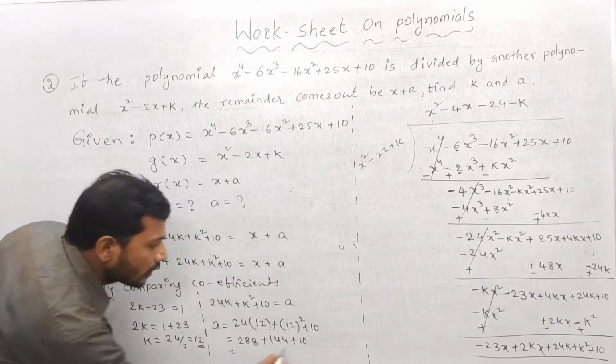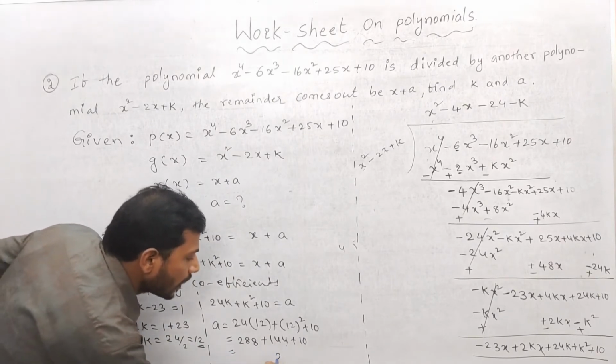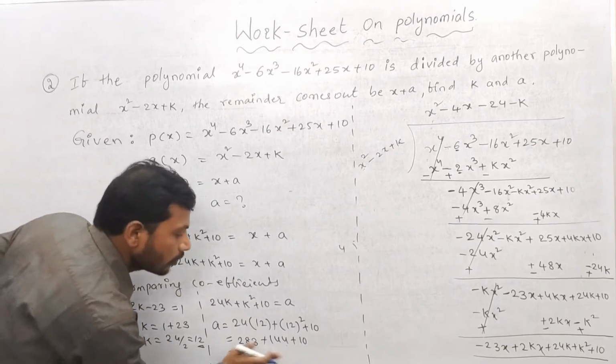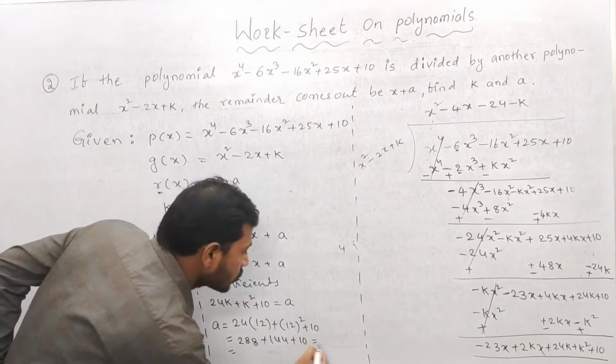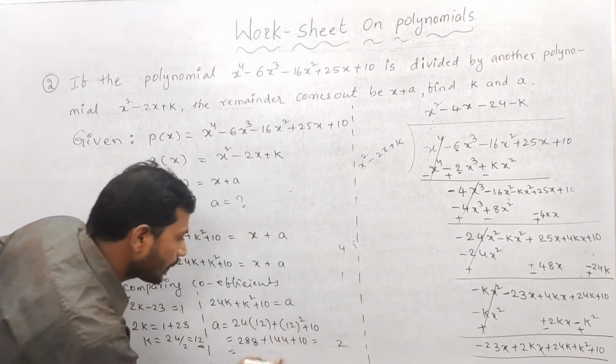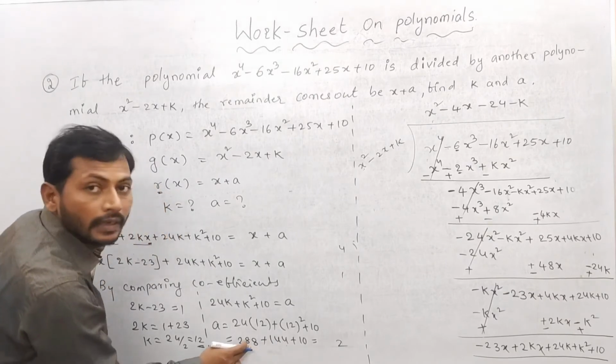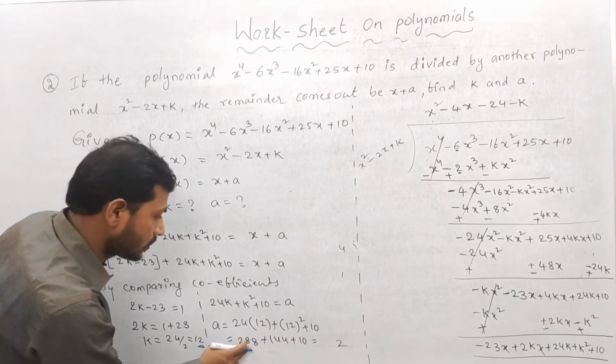Then add, children. Now I am going to add 0 plus 4, 4 plus 8, 12. Are you able to see? If you are unable to see, I will write here equals 2. 4 plus 8, 12. Very good. Then next one is 1 plus 4, 5. 5 plus 8 means 13.